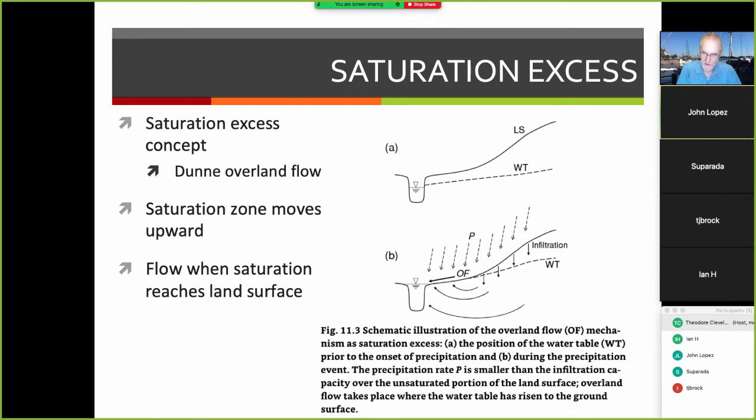There's been a fair amount of research over the last 50 years using simple and exotic techniques, isotope analysis and tracer analysis, that make a convincing argument that the saturation excess concept is pretty common throughout the world, and is ultimately a better explanation of the overland flow contribution towards runoff production.